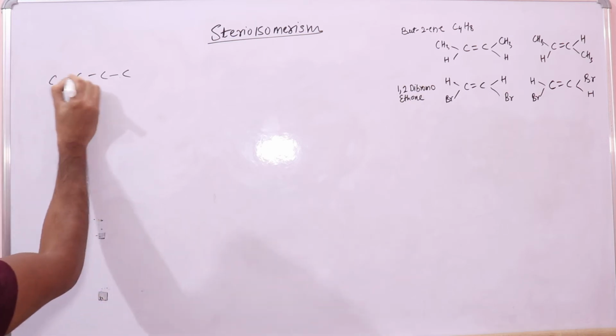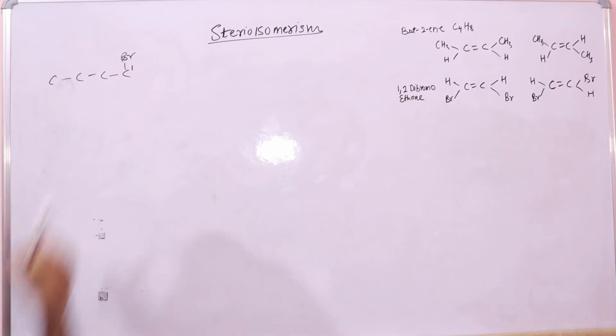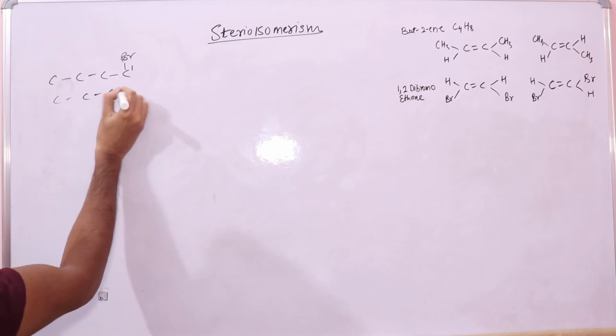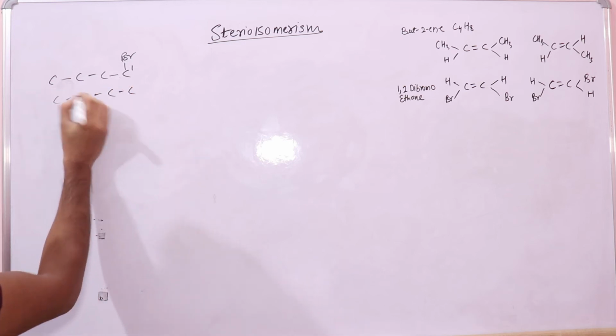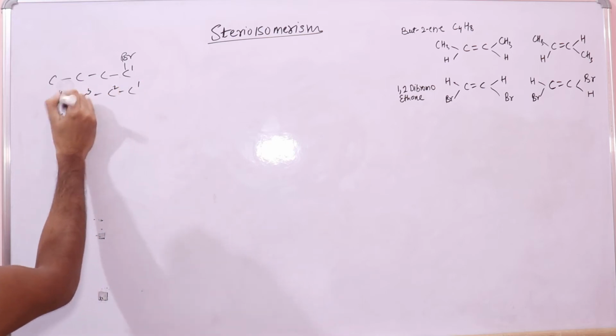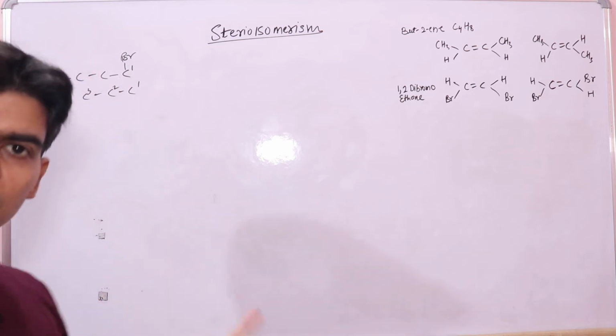Now suppose I take a bromine atom and connect it to carbon number 1. In another isomer, I connect this bromine atom to the 4th carbon atom. So here the connectivity between atoms differs.